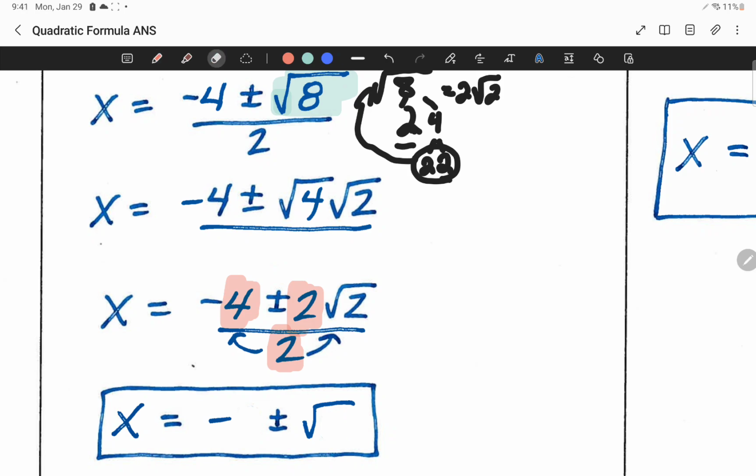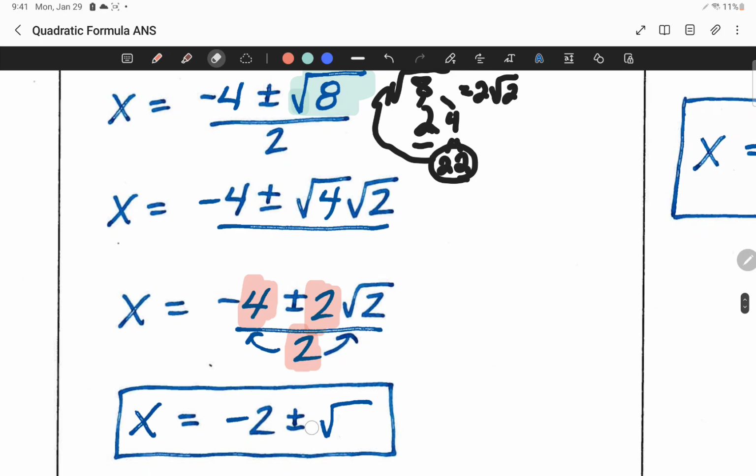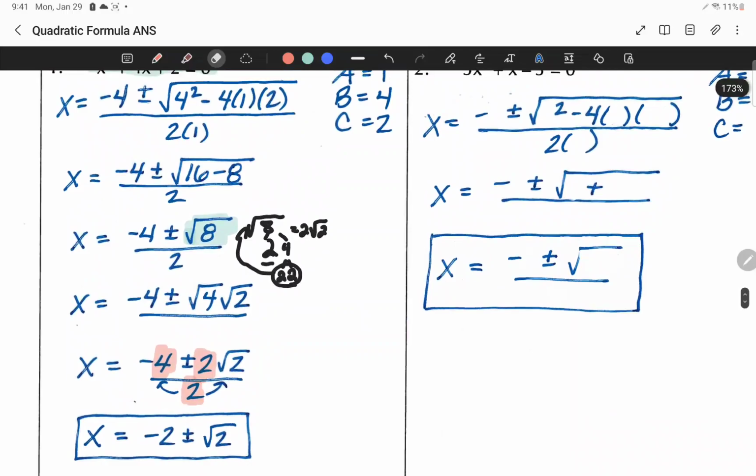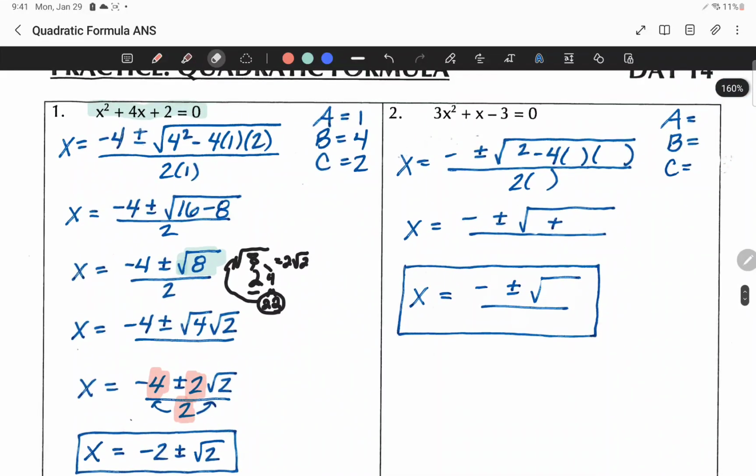And then on the top, we're going to have 2 and 1. They didn't put 1, but you could put the 1 just to represent that you have a 1 in front of your square root. And my answer is just going to be -2 plus or minus square root of 2. Pretty easy. Now let's go over the last couple problems.